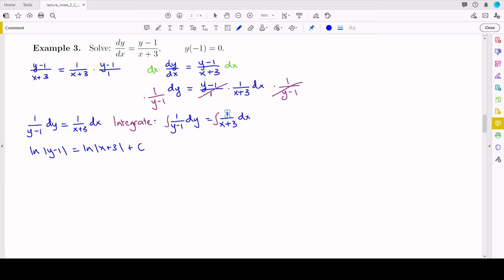Now, there are two approaches to finding that c. The first approach is we're going to solve for y first and then find c.